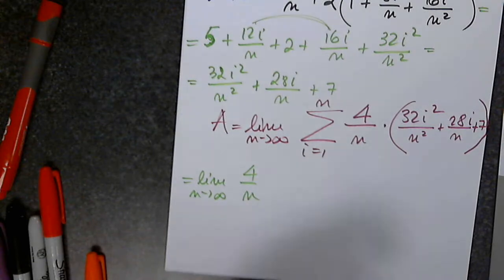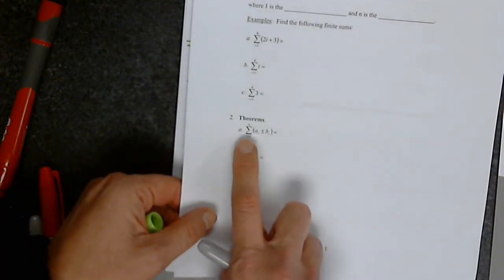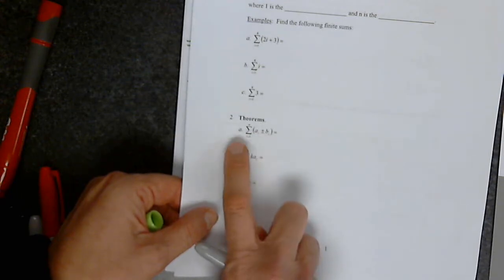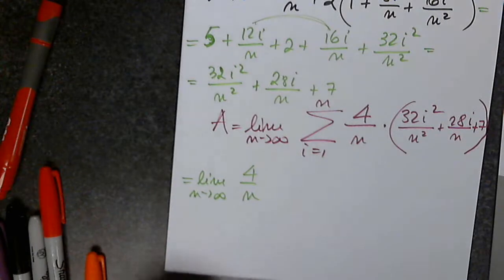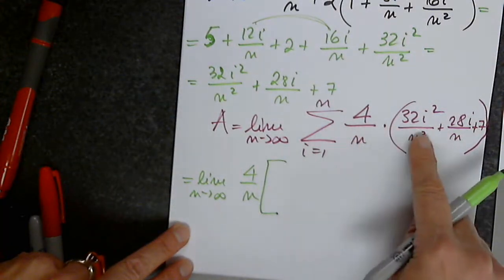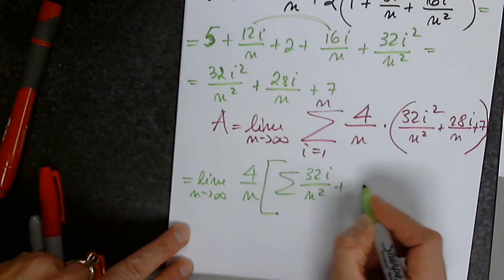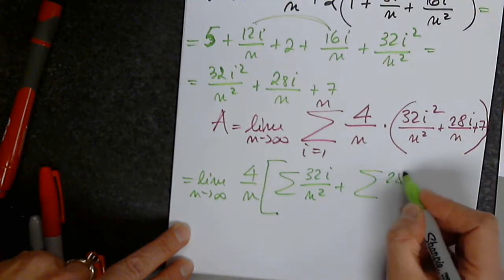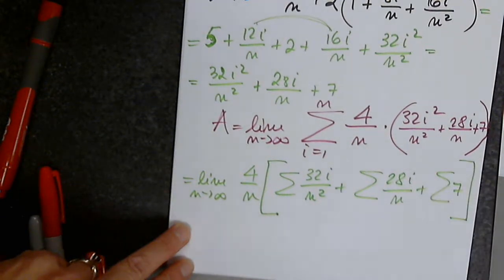Now, we know this property. The sum of AI plus BI is the sum of AI plus the sum of BI. That's exactly what I'm going to do. Bracket, the sum of the first term plus the sum of the second term plus the sum of the third term.